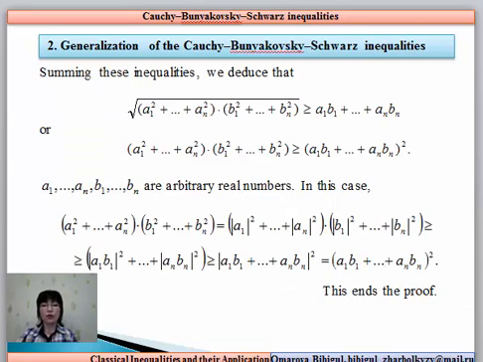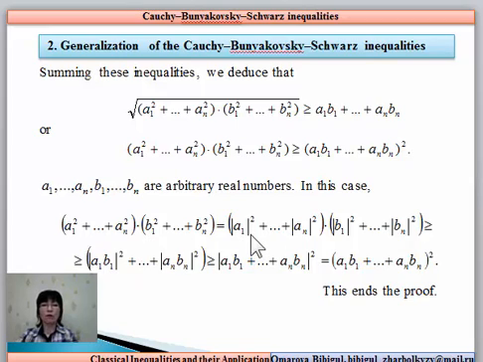Next, summing these inequalities, we deduce that inequality, and we rewrite it in the form, because we take squared both sides of this inequality, we end up obtaining the following inequality. Now let's consider the arbitrary real numbers a and b in the form. In this case, we can rewrite the following inequality.